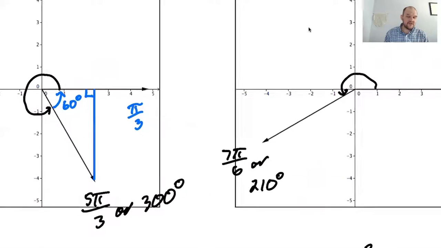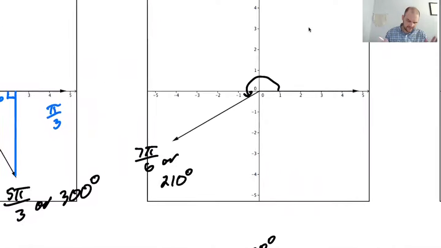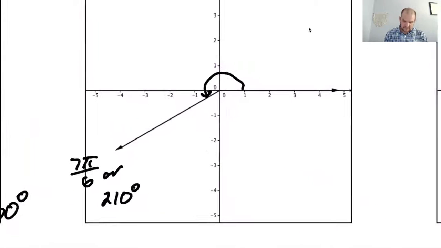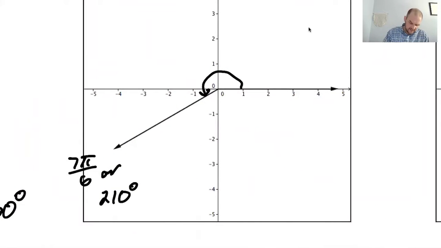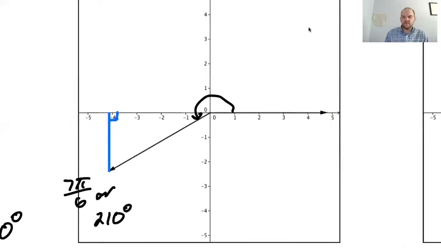It's almost easier to think of reference angles in, well, it depends, right? If I say 7 pi over 6, what do you think the reference angle is? It's over 6, so it's probably pi over 6. In degrees, it's maybe a little easier to calculate them. I don't know, it really depends. Let's make our triangle. We always go to the closest part of the x-axis. And then we're always interested in the angle that's at the origin.